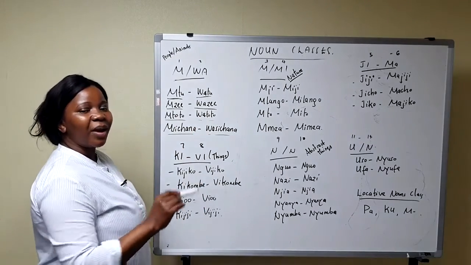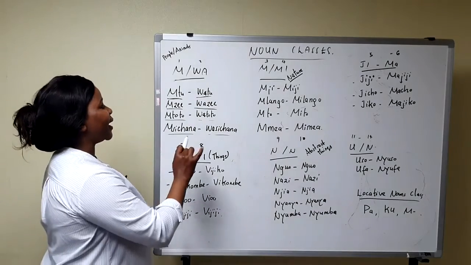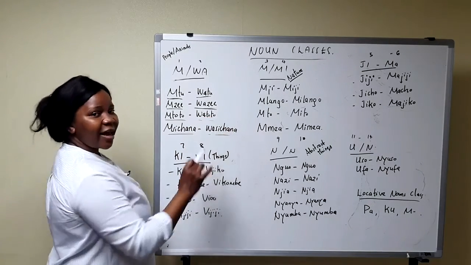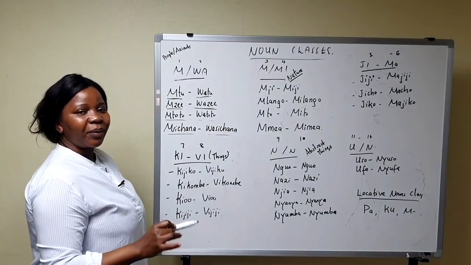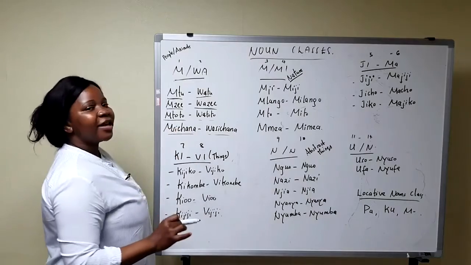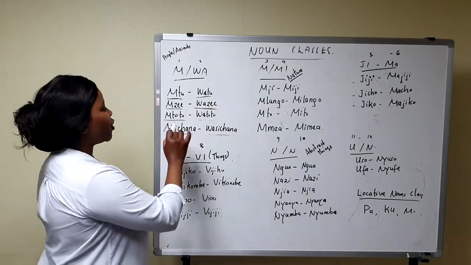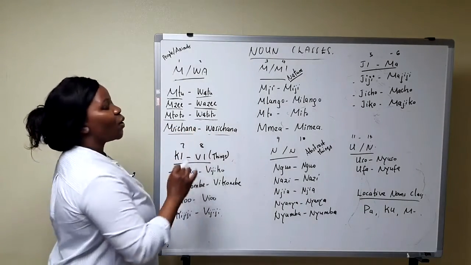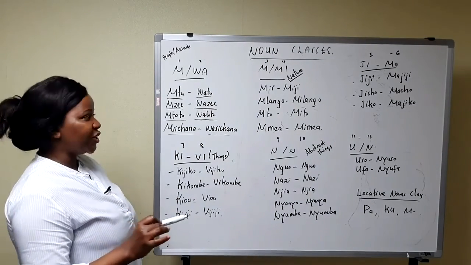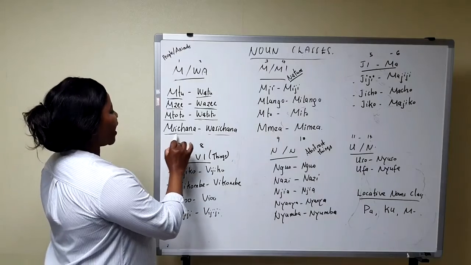Mzee in singular. Old person. Mzee. And old person. Wazee in plural. Okay? Wazee. Mtoto. A child. Mtoto in singular. Watoto. Watoto, children. Msichana.